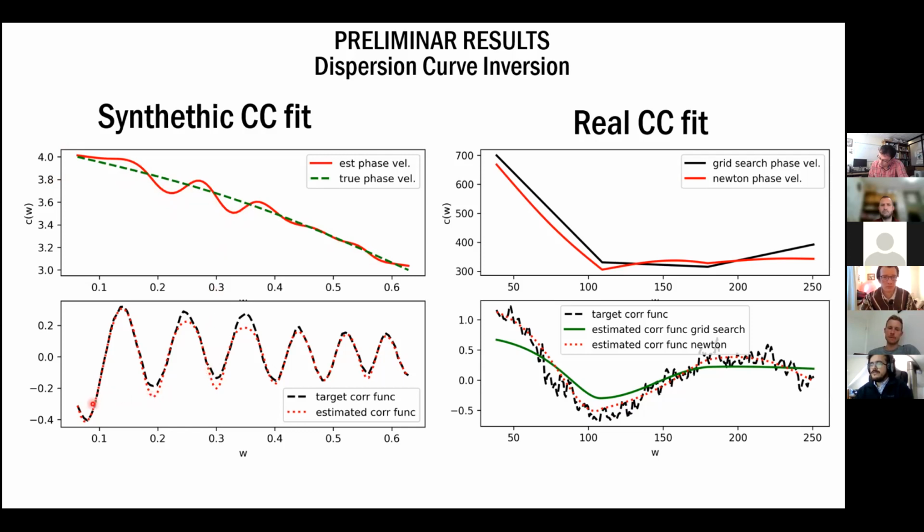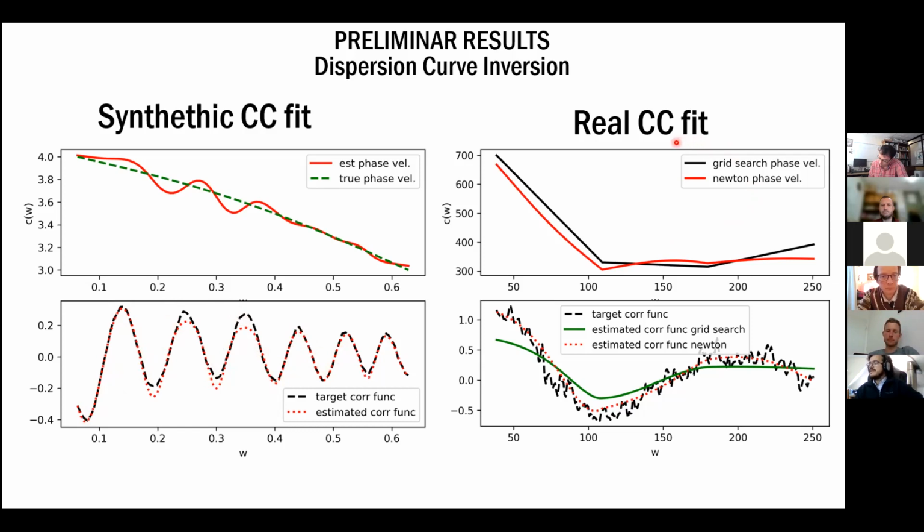The target correlation function, or the target data here, is the black line, and this one was generated from the phase velocity model, but we also imposed correlated Gaussian noise in order to perturb the data. And we see that there is a good agreement in the fit of the data and the target data.